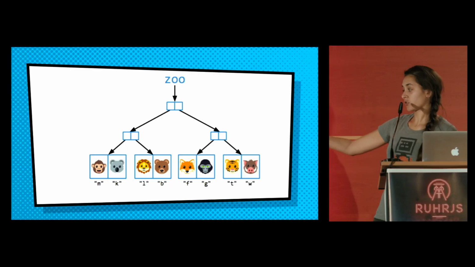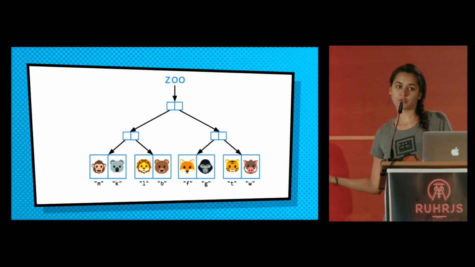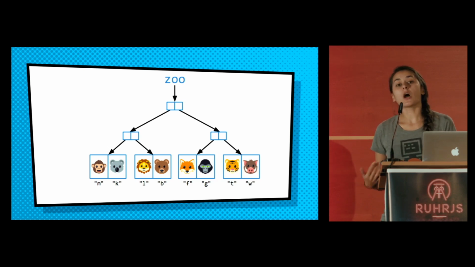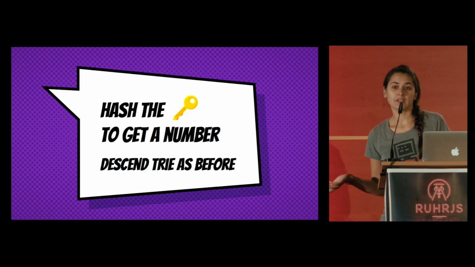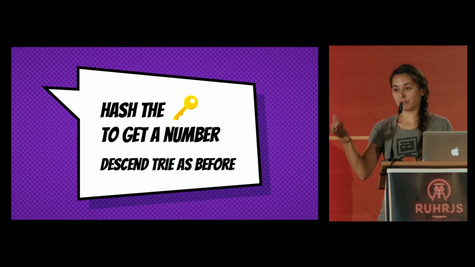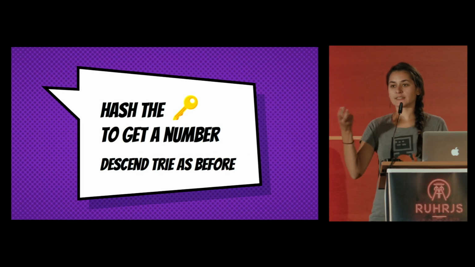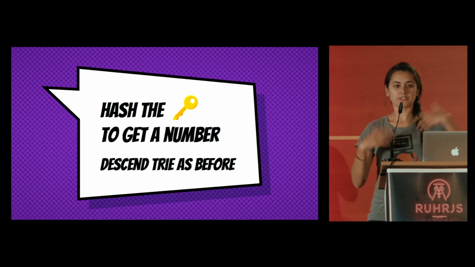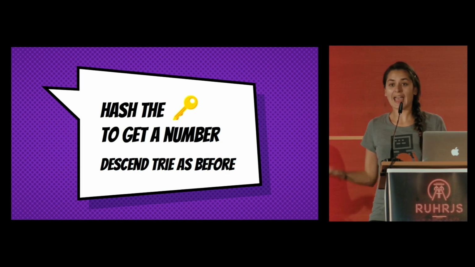So if you have keys like letters, like maybe I want a tree that associates the first letter of each animal's name with its emoji icon, like M for monkey, K for koala, those strings are immutable, so I can hash them. And that means I get some integer that represents each key. Even if that key is a string or some other type of immutable data, I can still hash it. And then with that number, I can just convert it to binary and descend the trie as I did before.